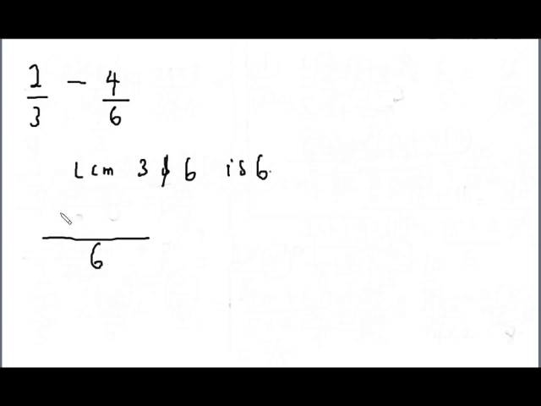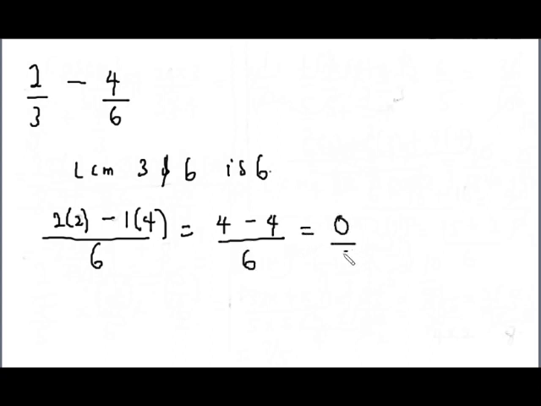So 6 divided by 3 is 2 times the numerator here, which is 2, minus 6 divided by 6 is 1 times the numerator, which is 4. So this is ultimately equal to 2 times 2 is 4, minus 1 times 4 is 4, divided by 6. So this is equal to 0 over 6, and 0 divided by 6 is equal to 0.